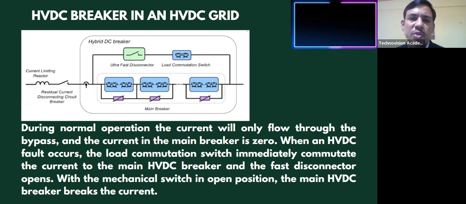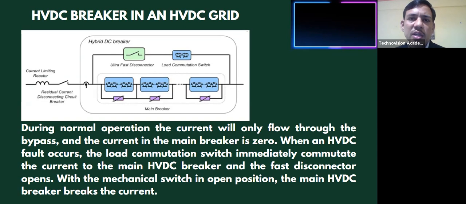When we have to shift from ground return to metallic return, then that MRTB comes into the picture. But that is not isolating the fault. Actually, isolation happens by pausing the firing pulses of the thyristor valves.